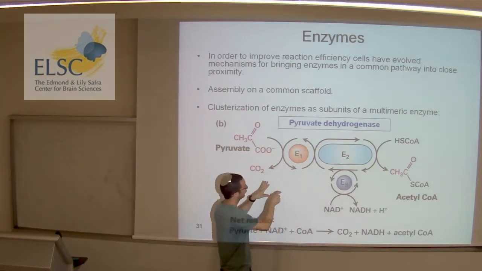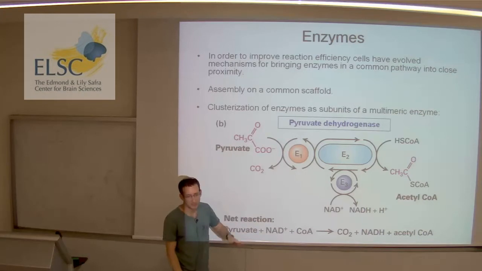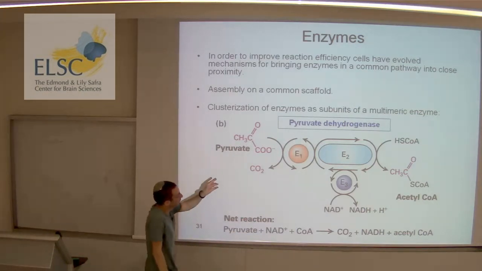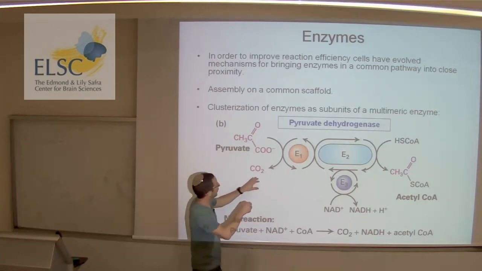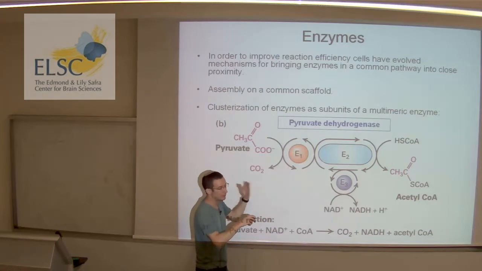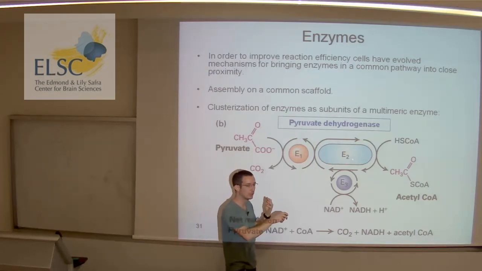So again, if each of these reactions were located in different compartments in the cell, it would be much less effective than if the three enzymes that play a part in these coupled reactions are assembled together on a common scaffold, in which case the products of E1 are immediately introduced as the reactants to E2, and so on.